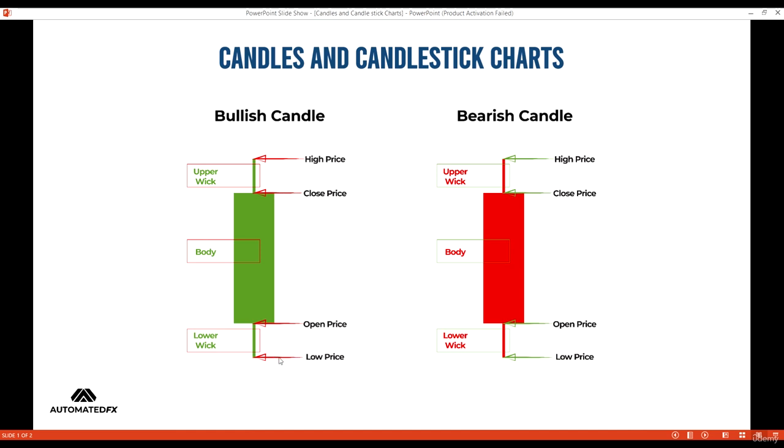Okay, now we also have the low prices and then the high prices. These are the lowest and highest prices during the formation of this candle. So for this candle, in this case, it started here and then it went down to this point to form the lowest price.